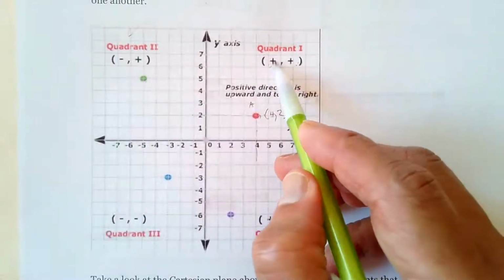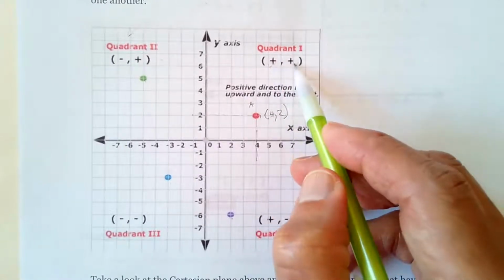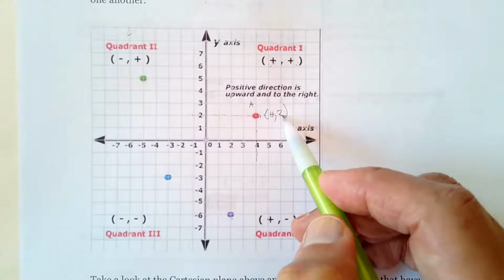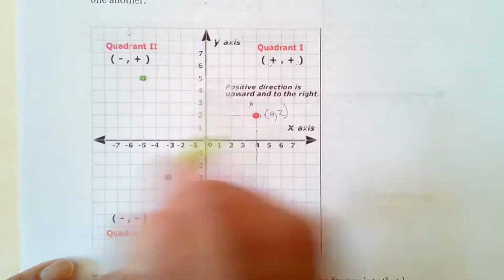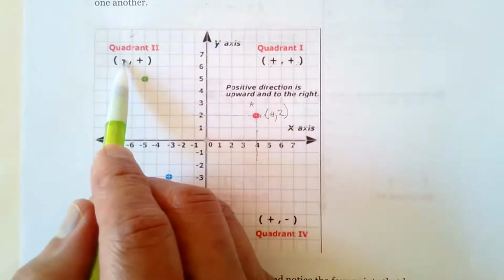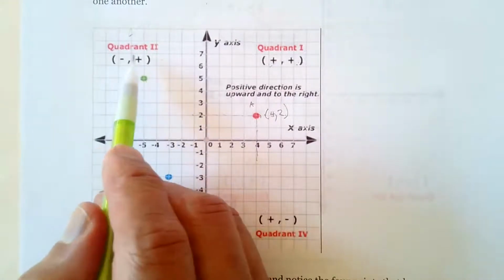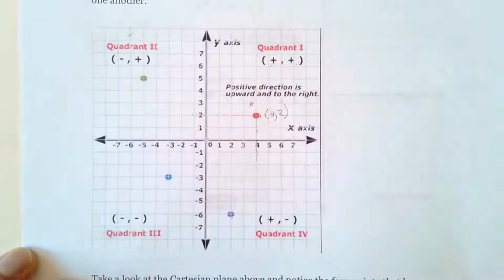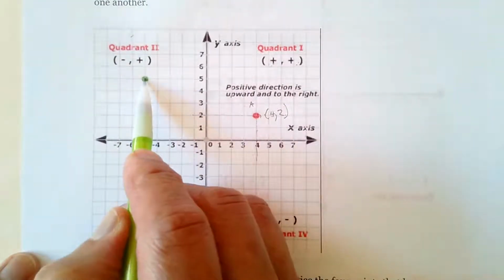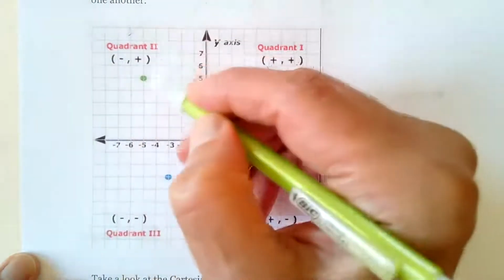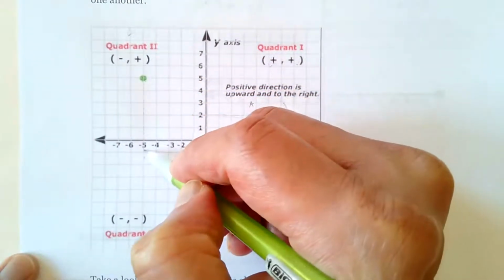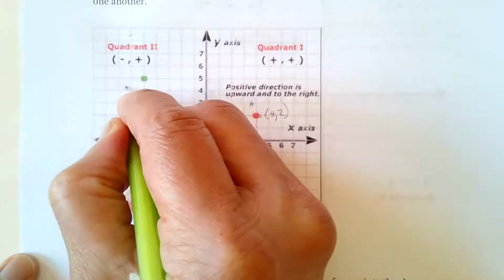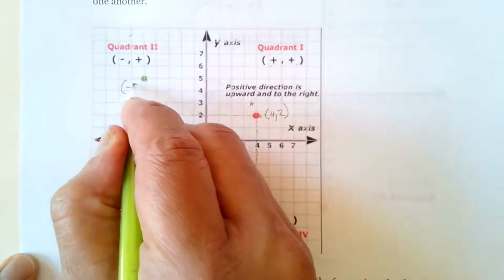Notice quadrant 1, positive and positive. So x is positive, y is positive. Quadrant 2 now, the x is negative, the y is positive. Now let's see if that's true from our point here. We go straight down here to find our x coordinate. And yes, x is negative. So you have negative 5.